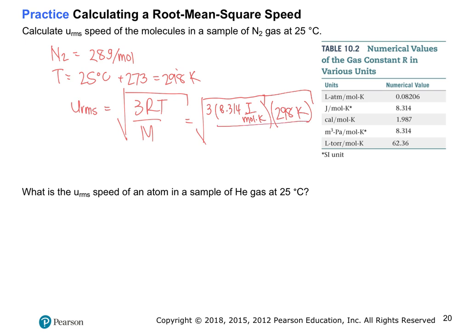And then our molar mass is 28 grams per mole. But we need it to be in kilograms, like I said, so we're going to just divide by 1,000 grams per kilogram. Which ends up, you could do that up here too, being 0.028 kilograms per mole. So we're just moving the decimal over 3 places.